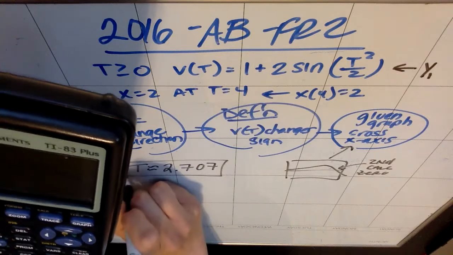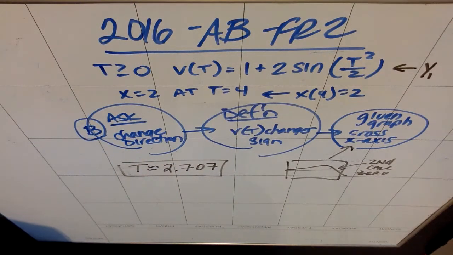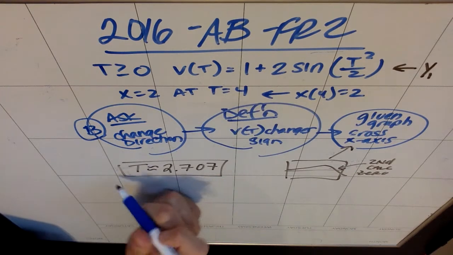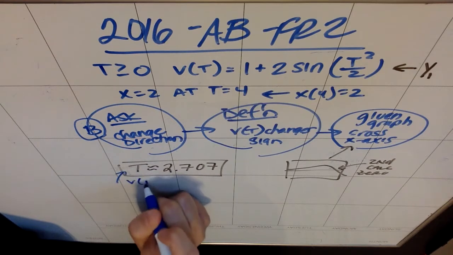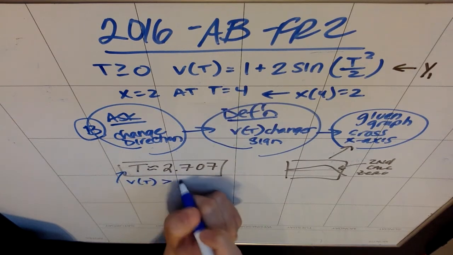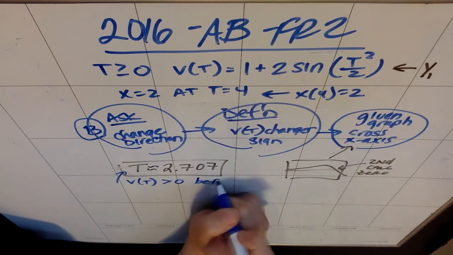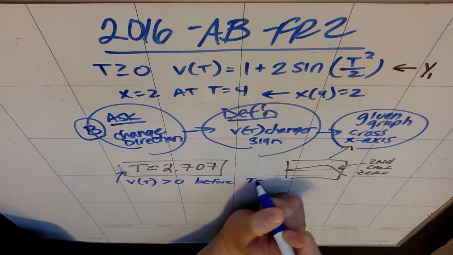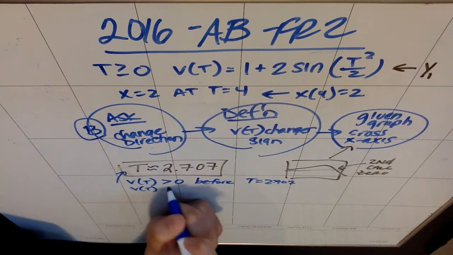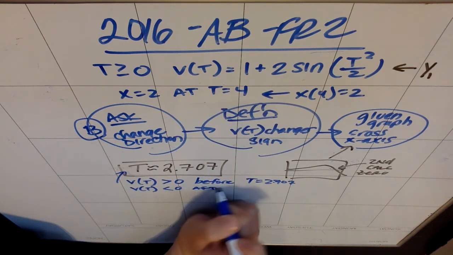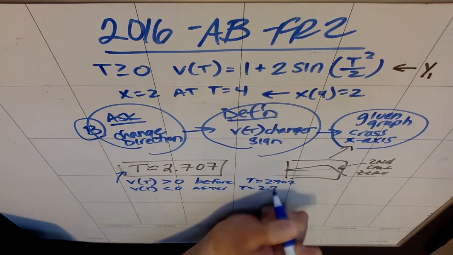Notice it wasn't just that I had a 0, it's that I had a 0 that crossed the axis, right? So they said, find all times when the particle changes direction, and then justify your answer. So now my justification is that v of t is greater than 0 before t equals 2.707, and v of t is less than 0 after t equals 2.707.